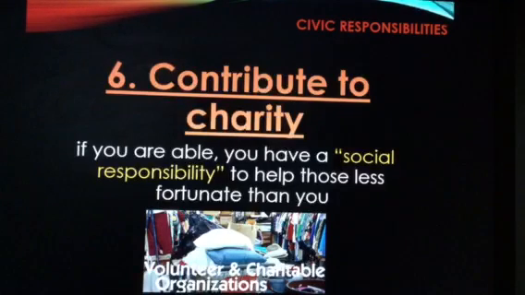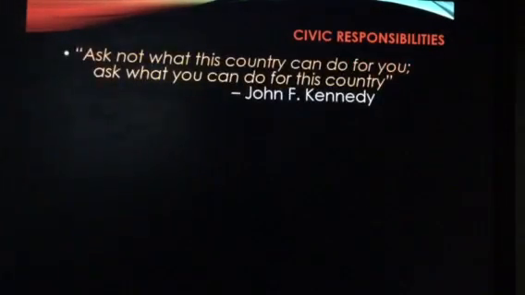It goes back to this social responsibility to help others who are less fortunate than you. I like to think of this as John Kennedy's quote back during his inaugural address in 1961. Ask not what this country can do for you. Ask what you can do for this country.